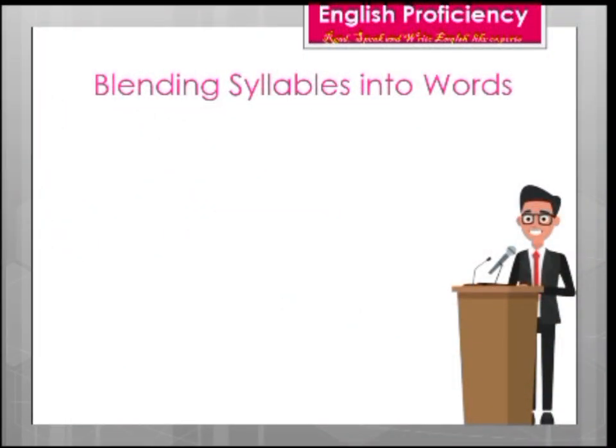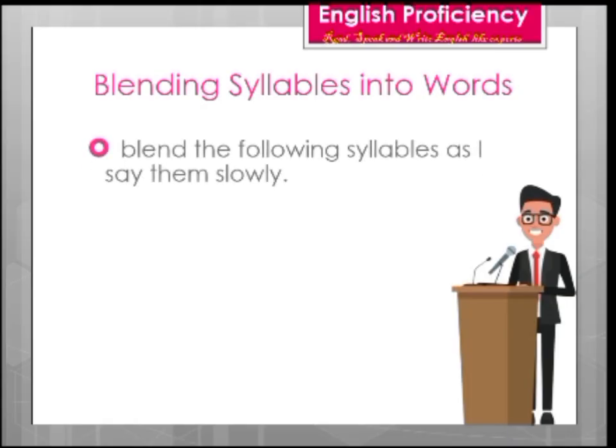Now let's look at how to blend syllables to form words. To form words, we can blend syllables together. We join syllables together, and when we read them all together, it gives us a word. For example, I would want you to blend the syllables for the words below, as I will read the words slowly. Table.